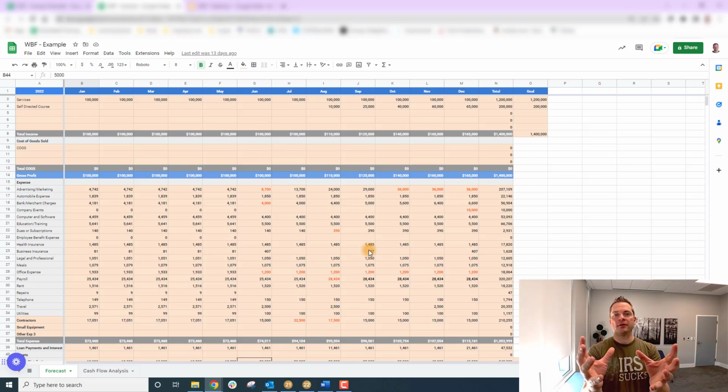But from a simple lens, Keith Cunningham's perspective of get customers, keep customers, I really like for simplicity purposes. So you're going to do that with your historical expenses, then you're going to plug it in. That's how you forecast your financials for the upcoming year.